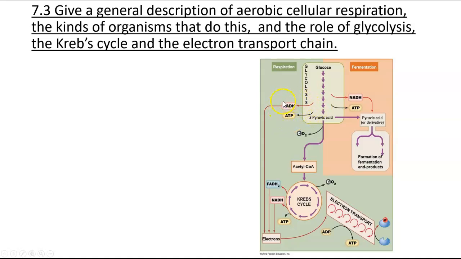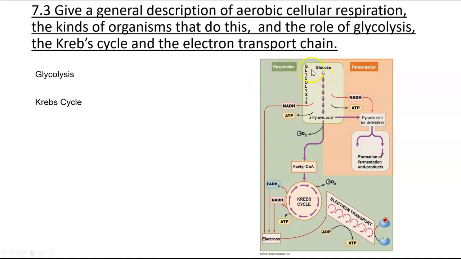We're making this stuff called NADH. It turns out NADH is also an energy carrying molecule. ATP is the form of energy we need for anabolism. NADH contains energy, but it's not used as effectively in anabolism. But it's still a high energy molecule. So we'll come back to that.